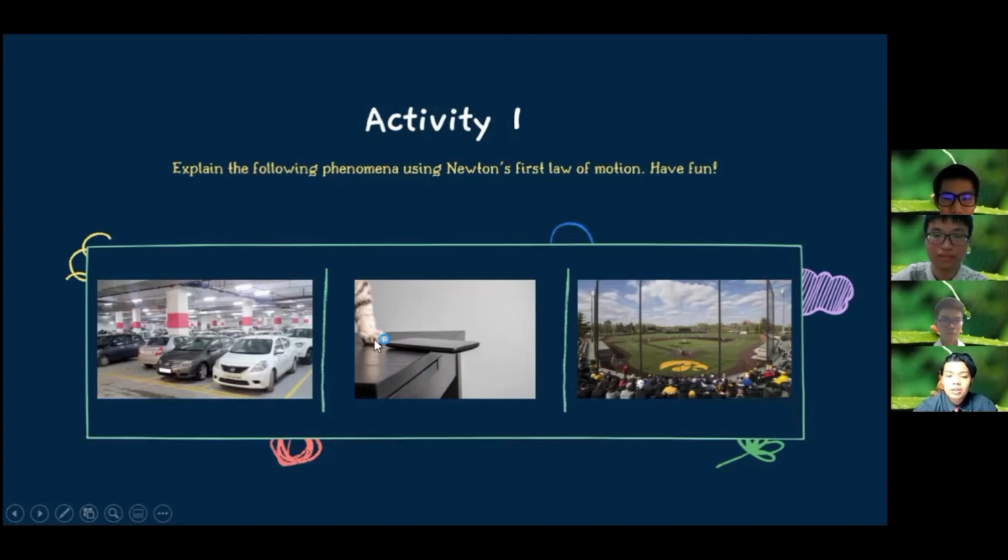The two answers given by you are acceptable because we don't know if this cat is going to push this phone or not. If it doesn't push the phone, then it will stay on the edge of the table. But if this cat exerts a force, then this phone will drop. Does this obey Newton's first law of motion? Yes, teacher. Yeah, good.